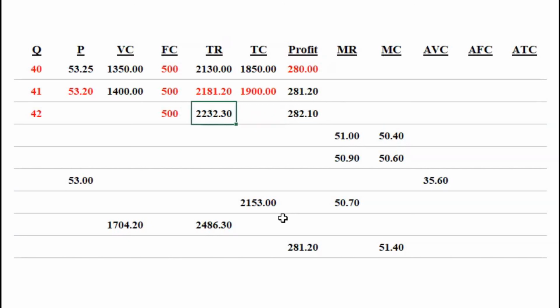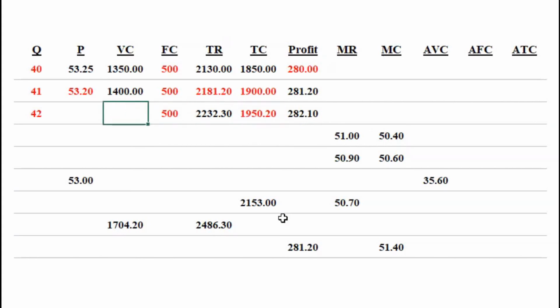But we also learned that we can get total cost if we do total revenue minus profit, right? So we're going to do this number, 2232.30, minus the profit of 282.10, and that gives us 1,950.20. So 1950 and 20 cents. That gives us total cost.